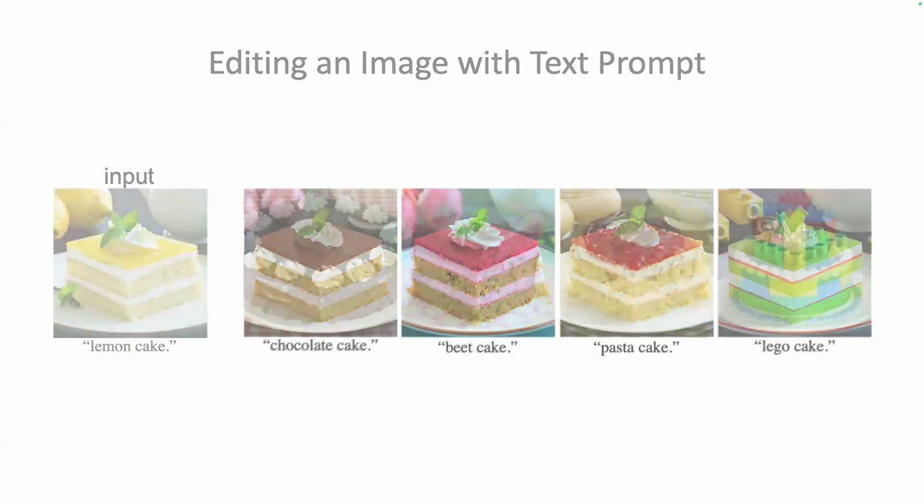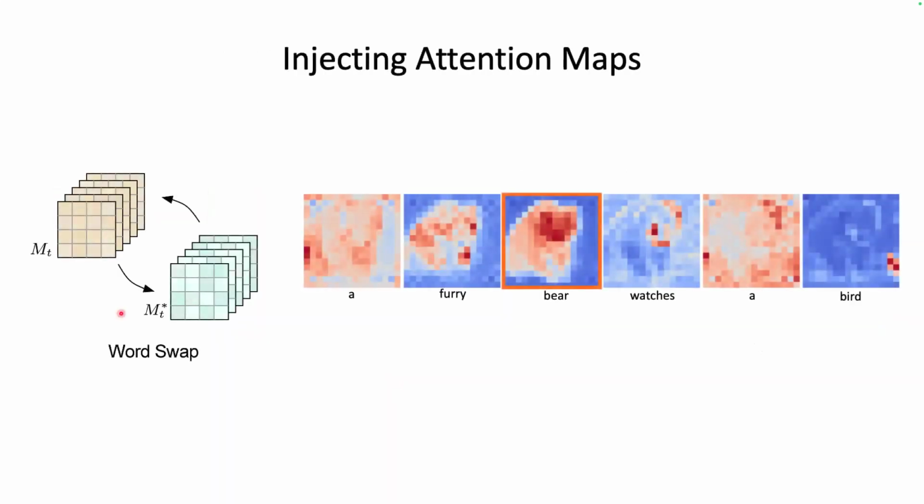So a very common idea that people use, and again, it's a whole topic, and I'm not going to get into all the details, but we've seen before how injection of features along the generation can help for different generative tasks.